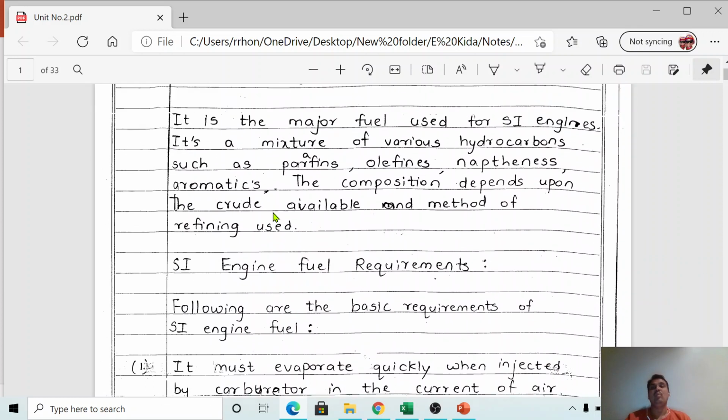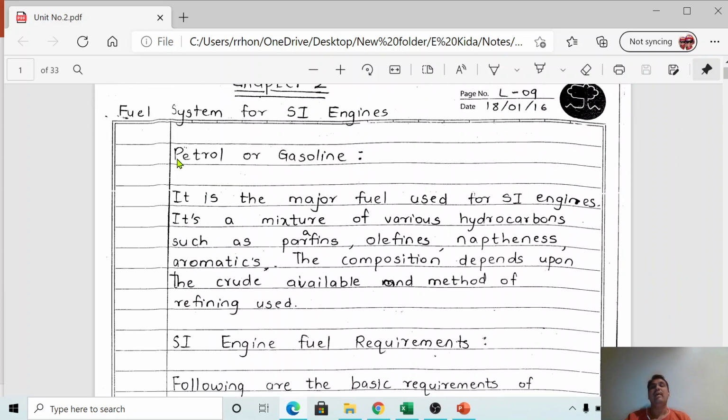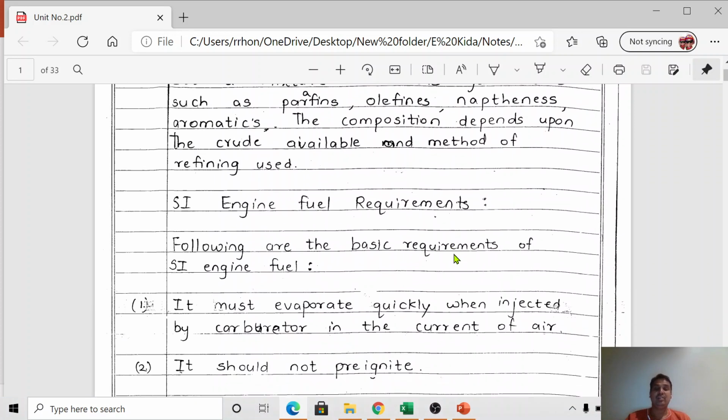That's why we always use petrol or gasoline as the major fuel for a spark ignition engine. So this statement is essential. Here we understood why we are using petrol as a fuel in SI engine with the help of all these SI engine fuel requirements.